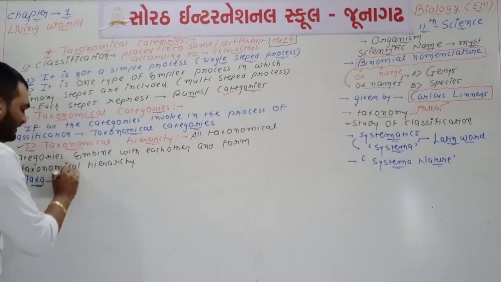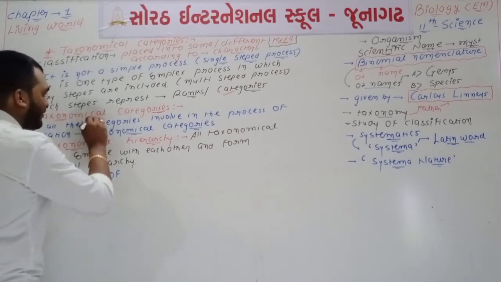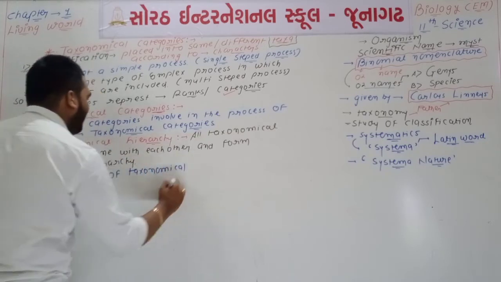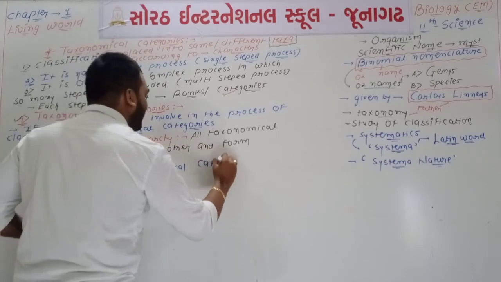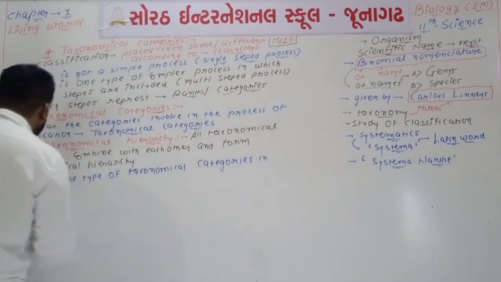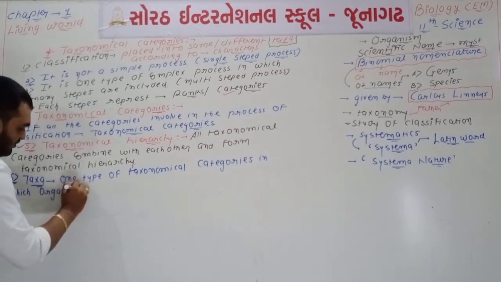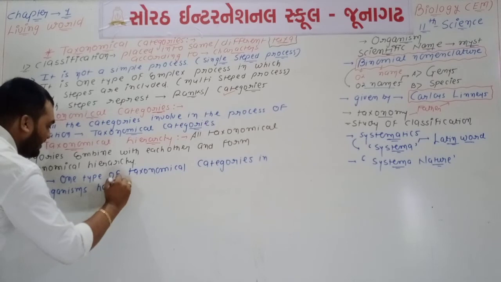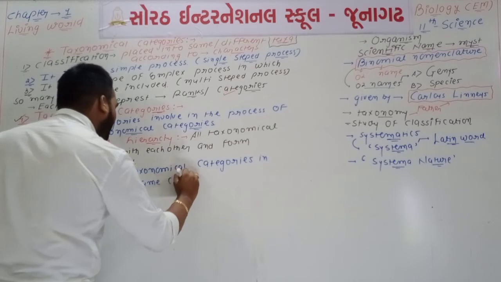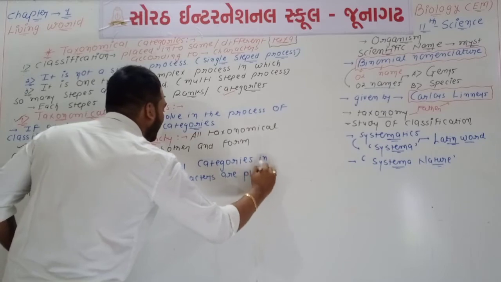Taxa is nothing but one type of taxonomical category in which organisms having the same characters are placed or arranged.